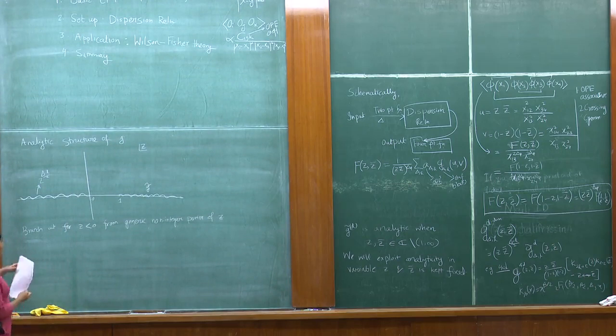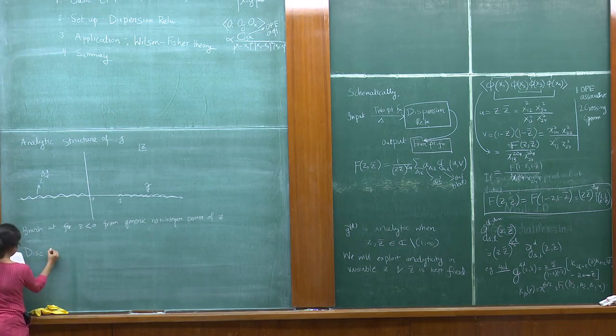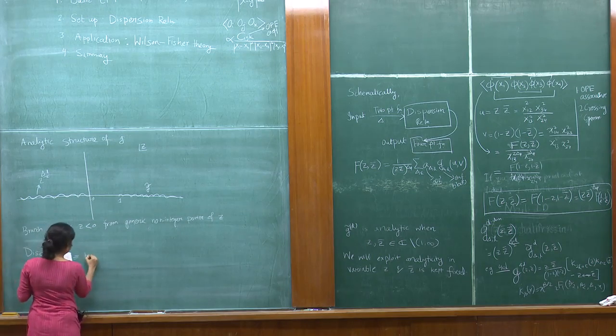Okay, so now I will use some property of the branch cut that originates from this power law, and define the discontinuity of a function f(z) to be the value above and below the branch cut.